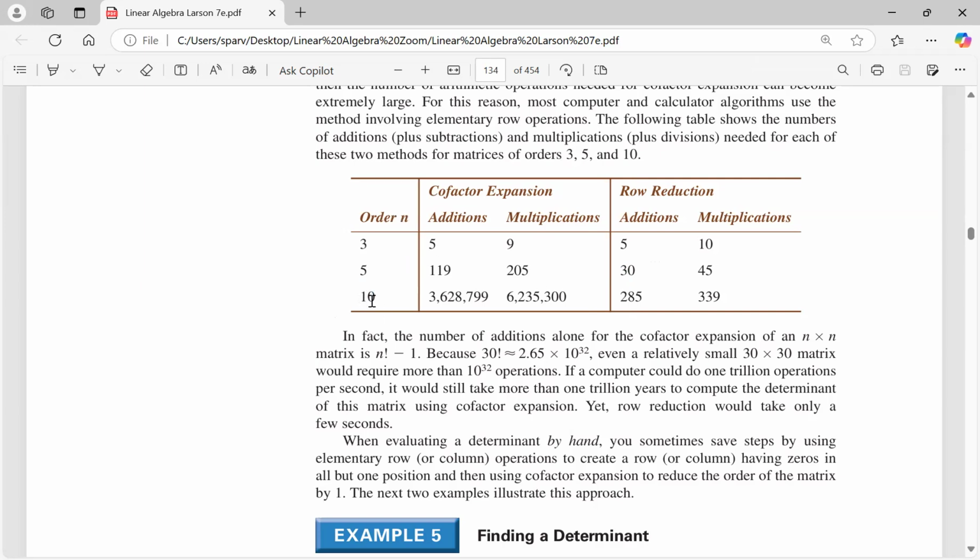This is just a 10 by 10. It's not huge. It's a 10 by 10, and this is mind-boggling. To do a 10 by 10 using cofactor expansion, we're going to have to do over 3,600,000 additions, over 6 million multiplications.